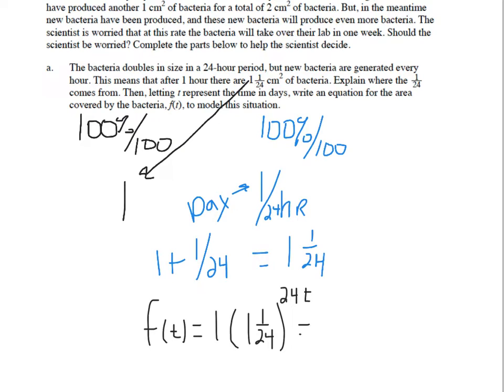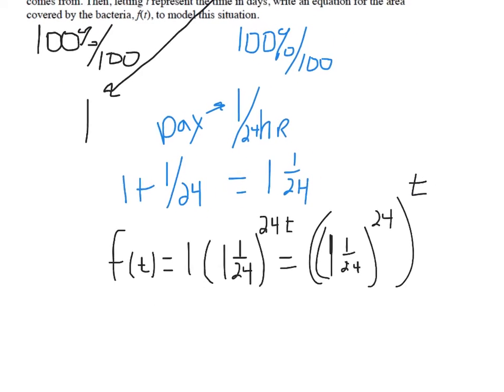Now we can take this and simplify it using our properties from a previous lesson. If I have 1 and 1/24, I'm going to raise that to the 24th power. Here's the power of the power property raised to the t.